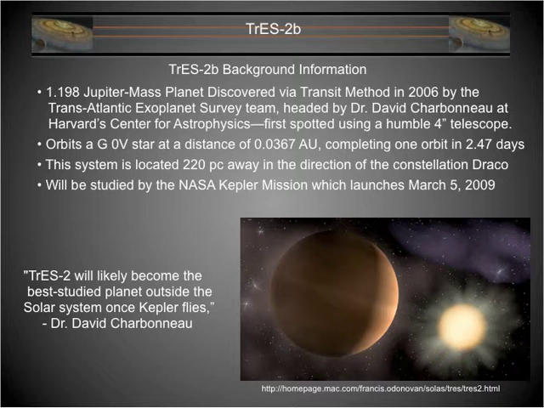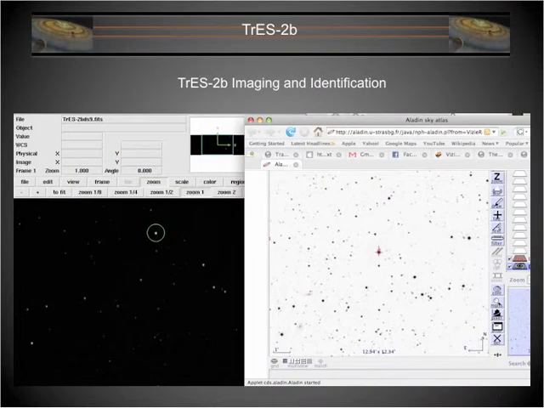Okay, so this particular exoplanet is within the Kepler field, so it is something that the Kepler telescope has also been able to study, and there's lots of information on this particular planet. This is an image that was taken from my data.